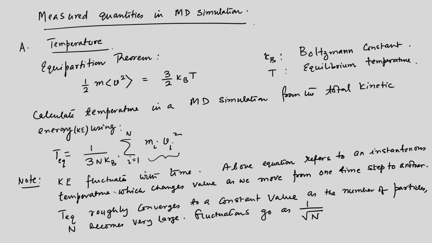We are fairly convinced that these fluctuations are not large when the number of particles is large. In fact, they vanish as 1 by root N.